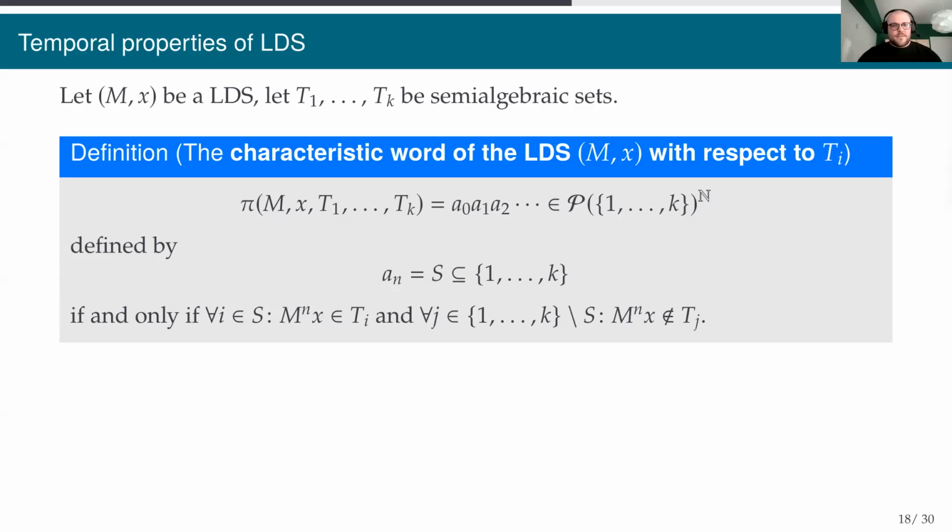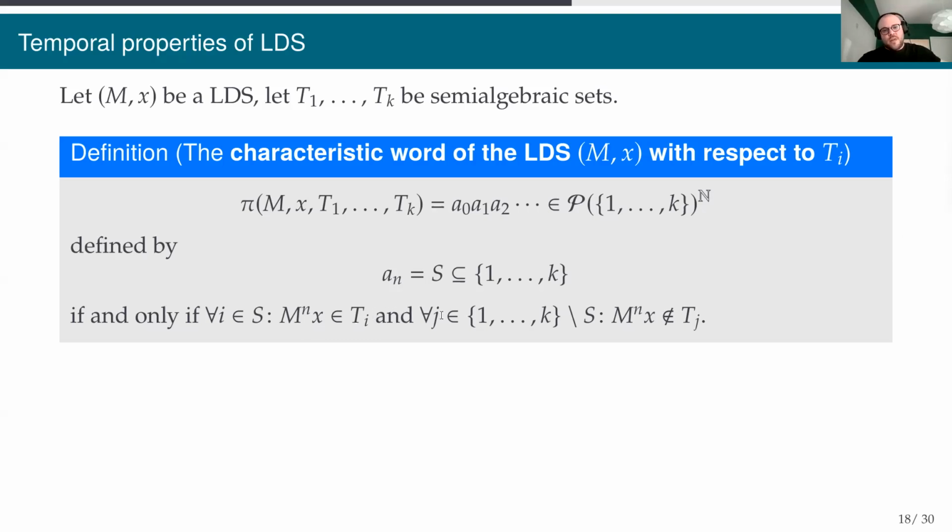You just define an infinite word over the power set of the alphabet 1 to K, and your nth element, a_n, is the subset S of the alphabet 1 to K, such that for each i in this set S, your point M^n x is in the target T_i.